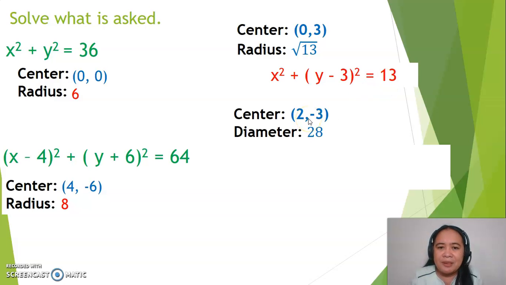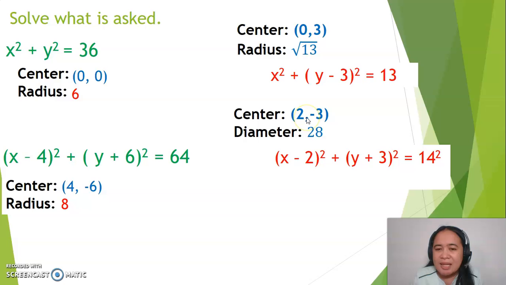Now another example. This time, the center is (2, -3). And take note, here the diameter is 28. Now take note, the diameter is 2 times the radius. So in this case, since our diameter is 28, therefore the radius here would be 14.